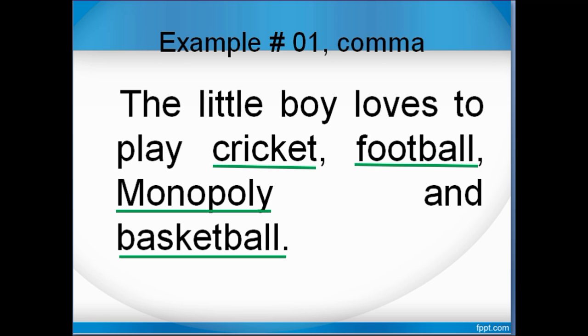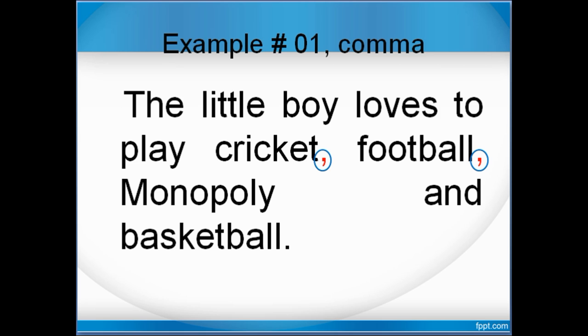In this situation, we place a comma after each item except for the last two items, because the last two items are separated by the word "and." So we place a comma after cricket, after football, and between Monopoly and basketball.